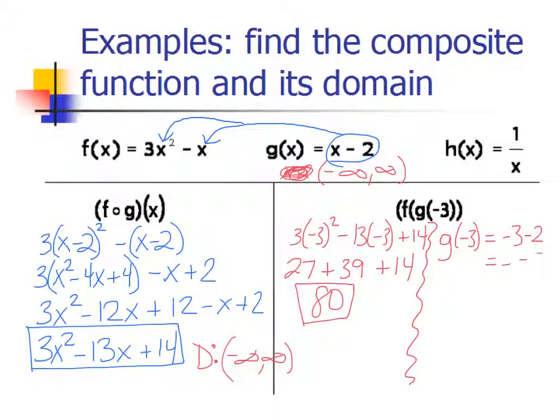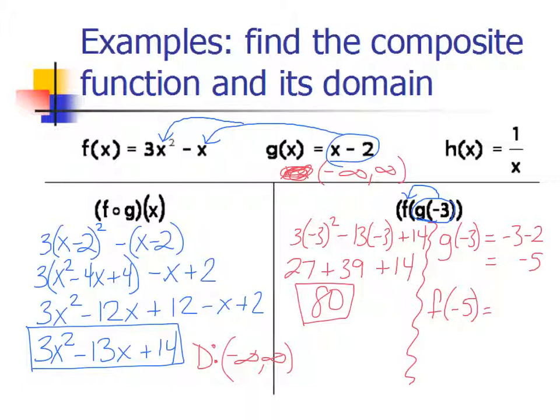So that gets me a negative 5. If that equals negative 5, then I'm going to take that answer, whatever I get for that, and I'm going to plug that in for f. So I'm going to take negative 5 and plug it in for f. So basically I'm finding f of negative 5.